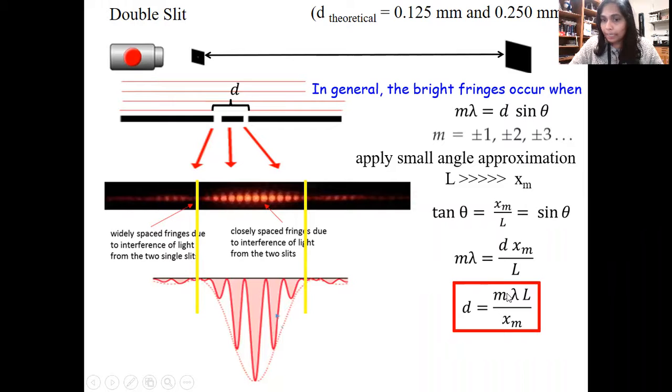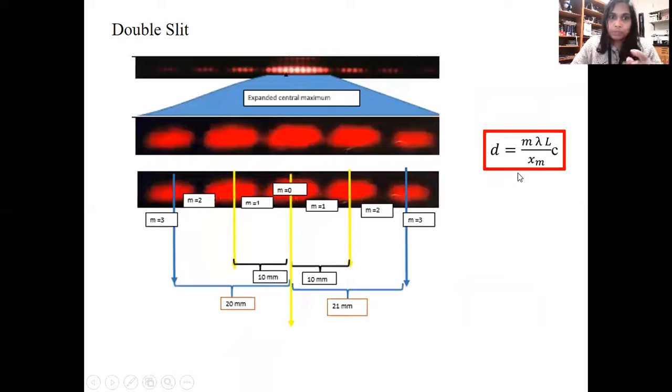Here I use the letter m to indicate the fringe number, and earlier with the single slit we used the letter p to indicate the order number of the dark fringe. Here we are talking about the bright fringe. So this is an example of real experimental data.